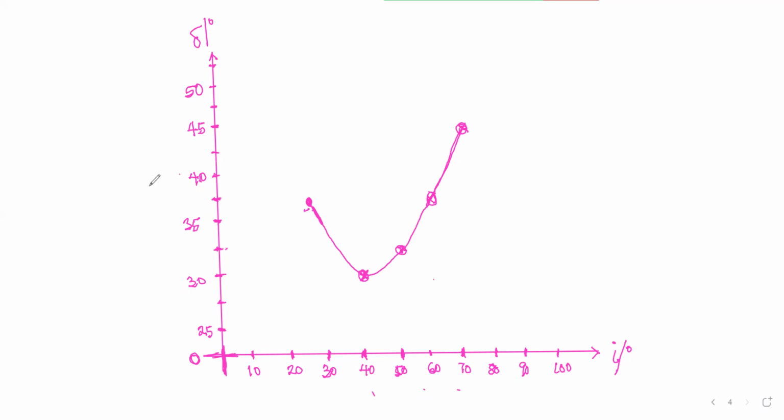I plotted a graph, and my graph is like this. If there is a question on intercept, then I must extend my graph to cut the vertical axis.